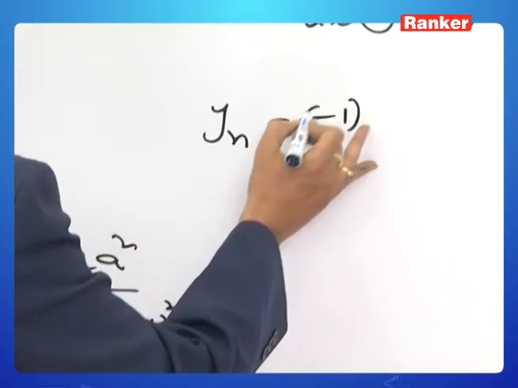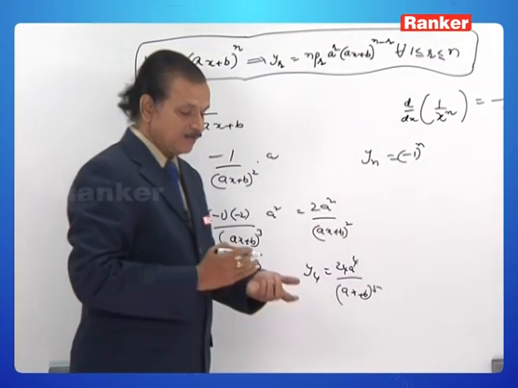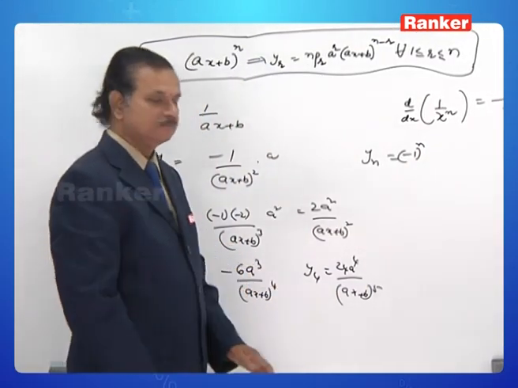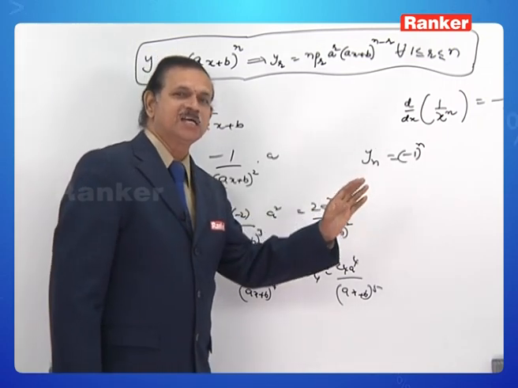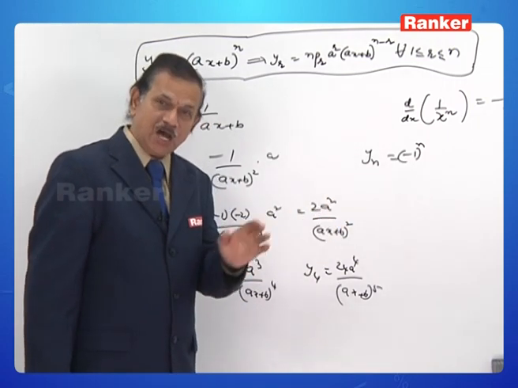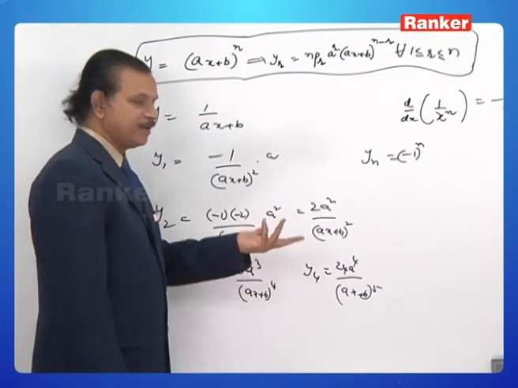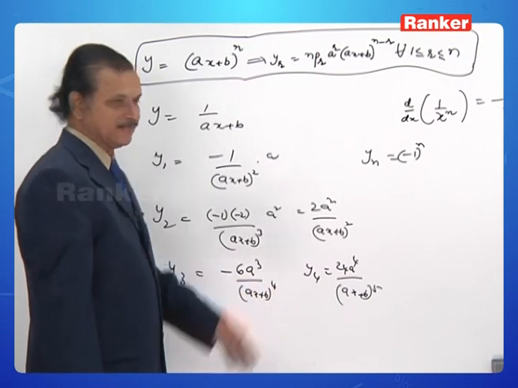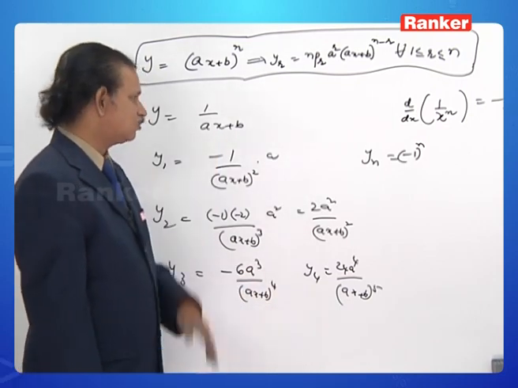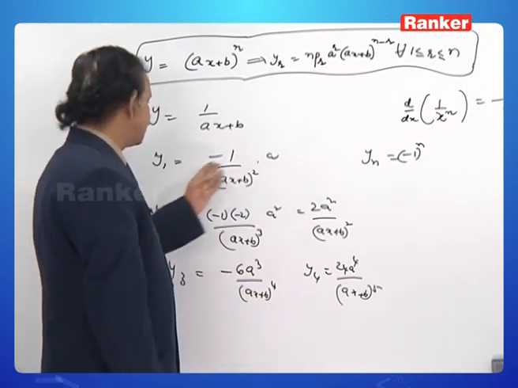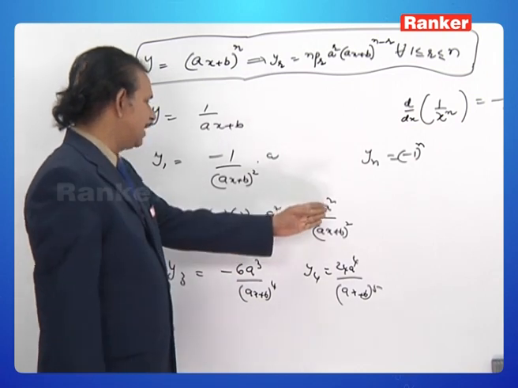It is minus 1 whole to the power of n. If n is an odd number, that is the first derivative, the third derivative, the fifth derivative, all negative, so we are taking minus 1 whole power n.